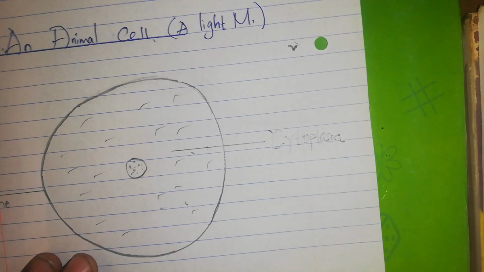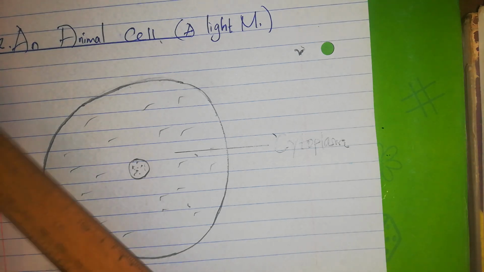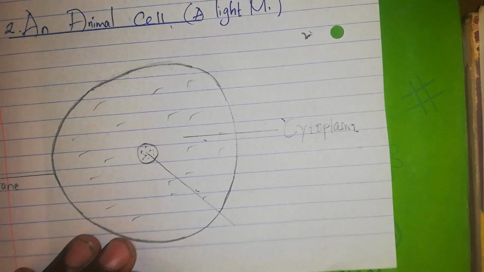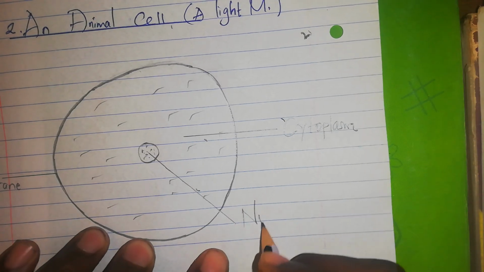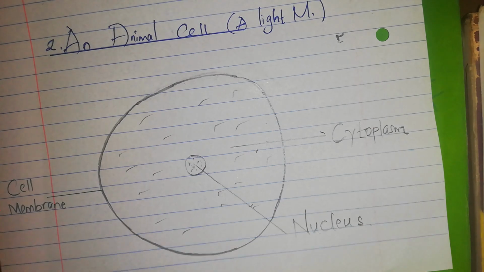And finally, the most middle, we can take this arrow downwards like this just to ensure that they don't cross each other. This is the nucleus. Just check on the spellings. So that is our second example and the last one.